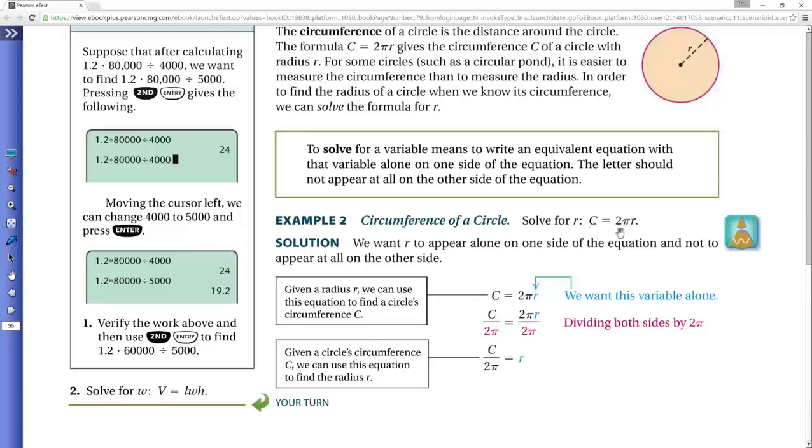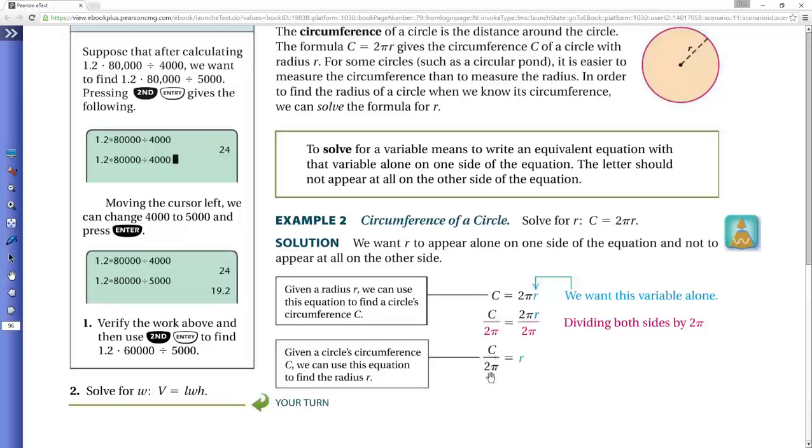So if I want to find out the circumference of a circle, all I need to know is the radius. I take 2 times pi times whatever the radius is, if it's 2, so it'd be 2. I do that calculation, I'm going to get the circumference. Well, if I know what the circumference of the circle is and I want to find the radius, I could solve for r, the radius, by dividing both sides by 2 pi.